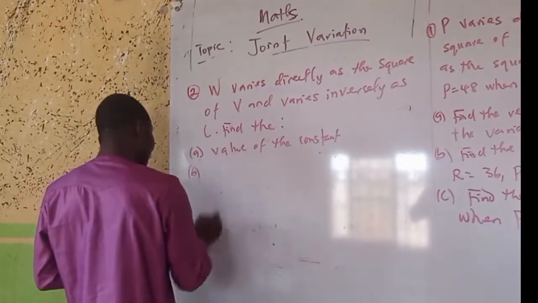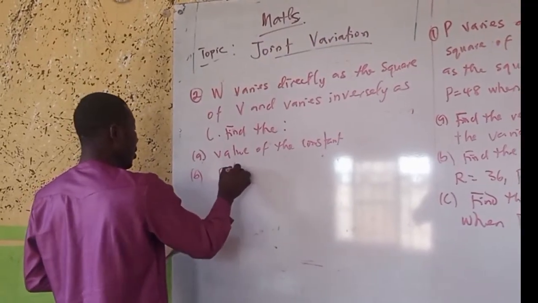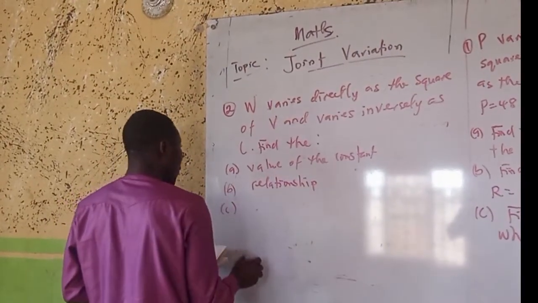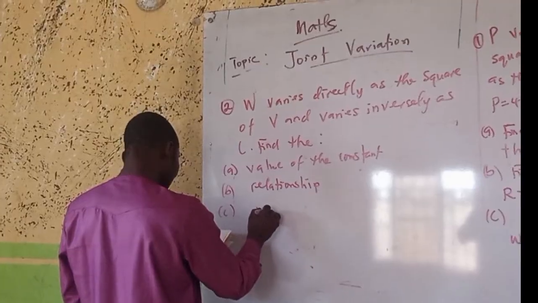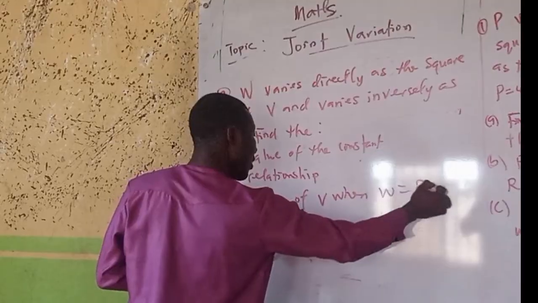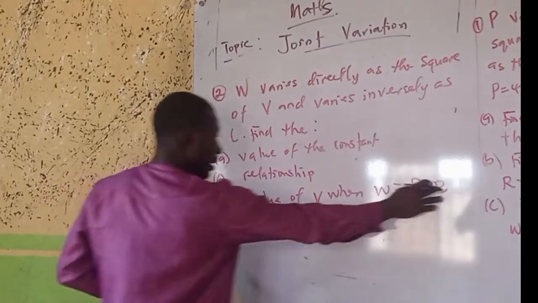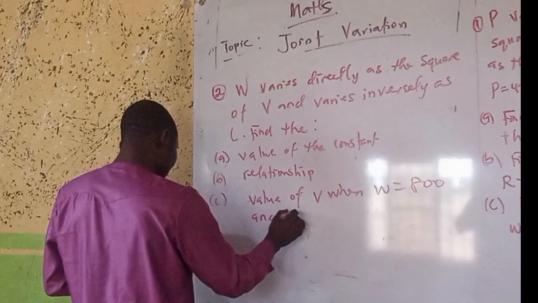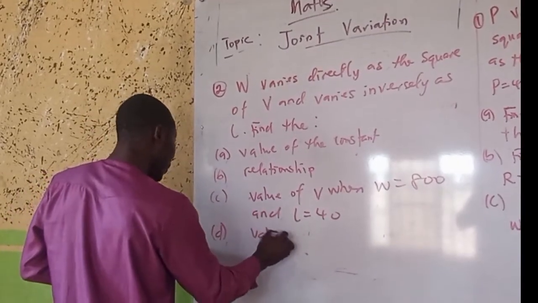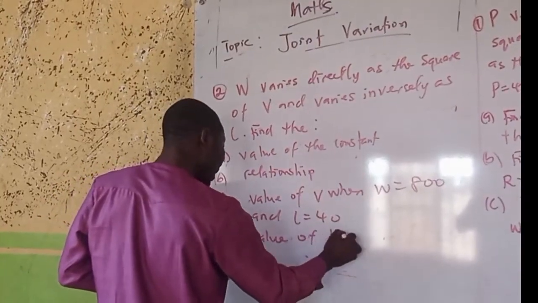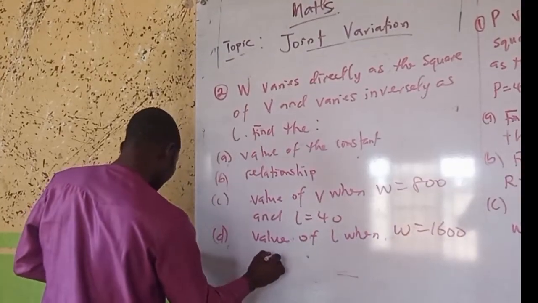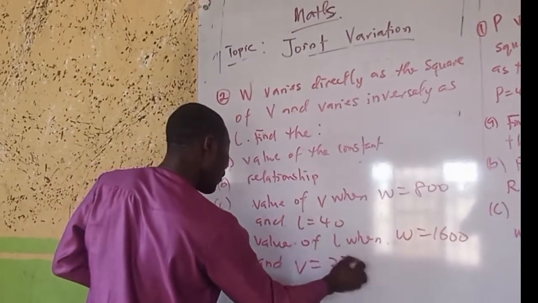B, we should find the relationship. Question C, we should find the value of V when W equals 800 and L equals 40. And the last question, we should find the value of L when W equals 1600 and V equals 250.